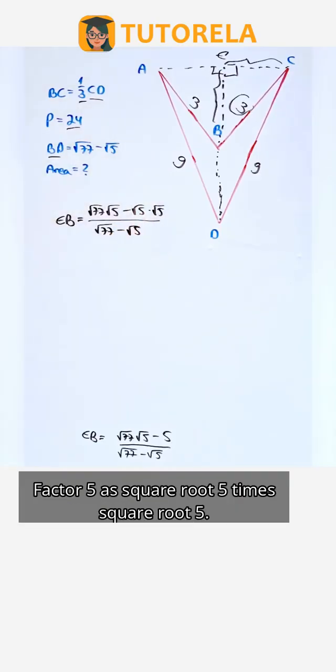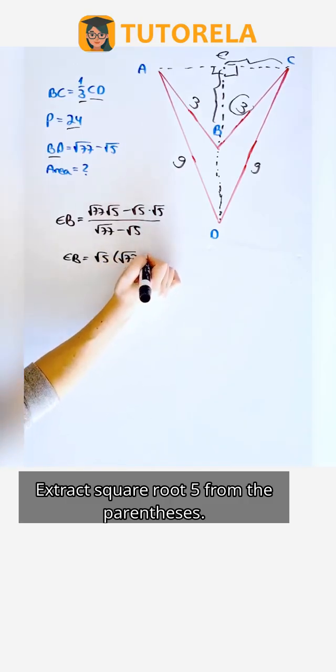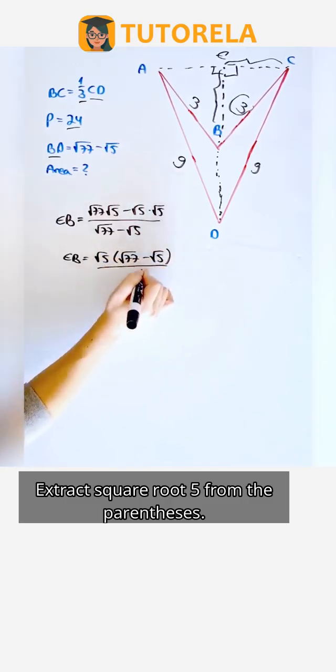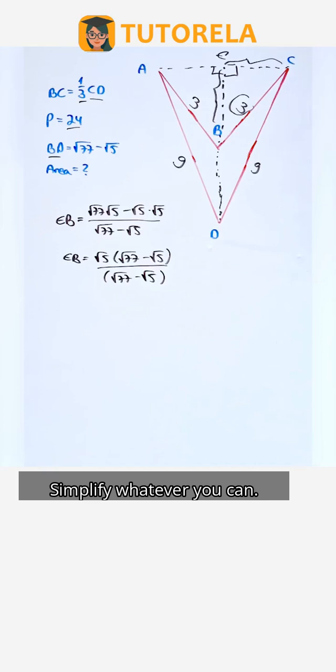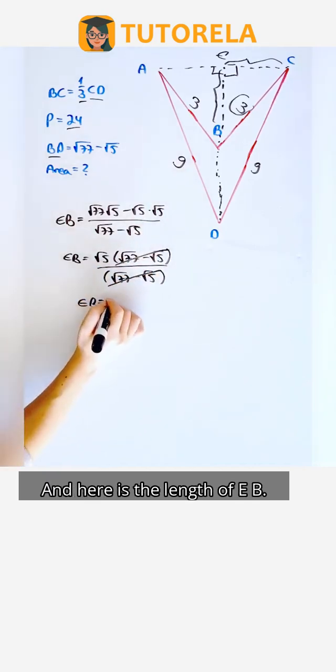Factor 5 as square root 5 times square root 5. Extract square root 5 from the parentheses. Simplify whatever you can. And here is the length of EB.